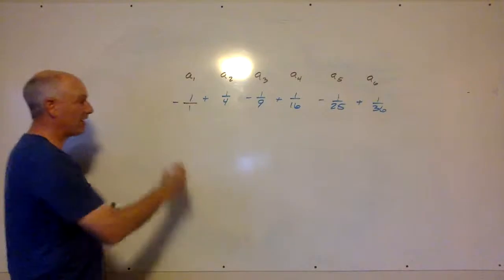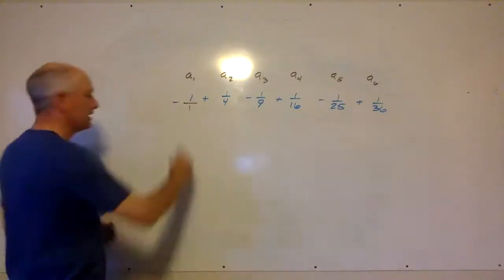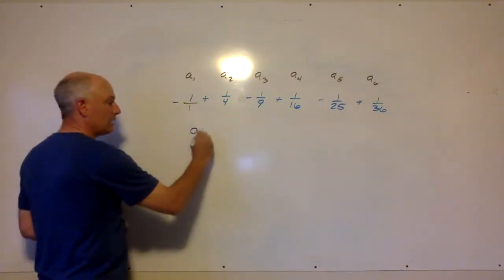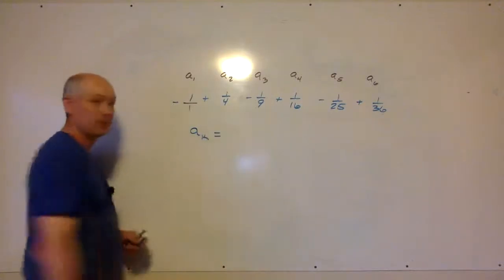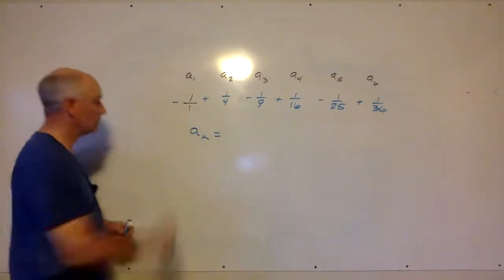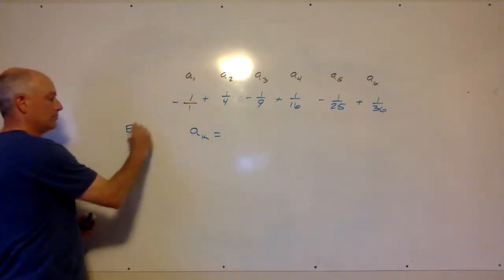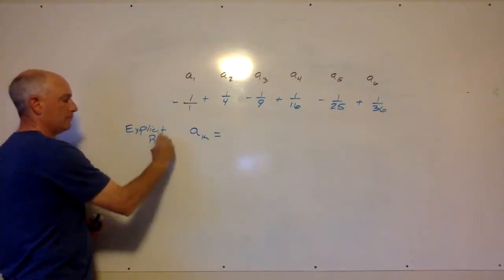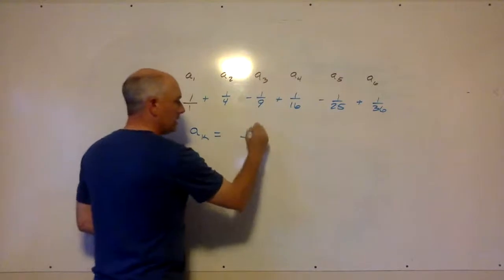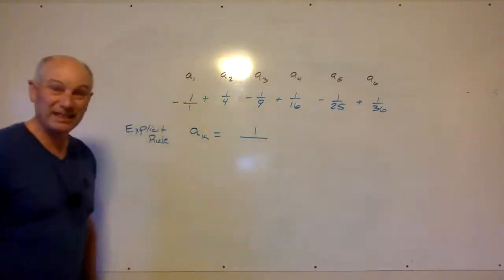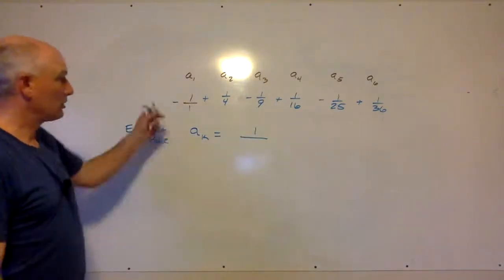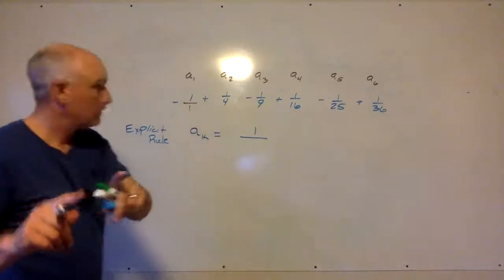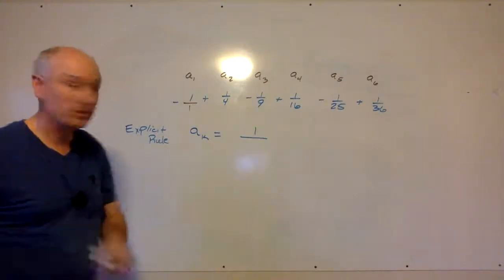So I could argue, at least to start, that if I start looking at my explicit rule, I know that I could essentially say there's a 1 in that numerator. Now, we'll come back to the negative here in a moment, but look at the denominators.